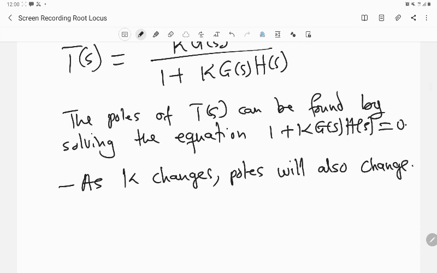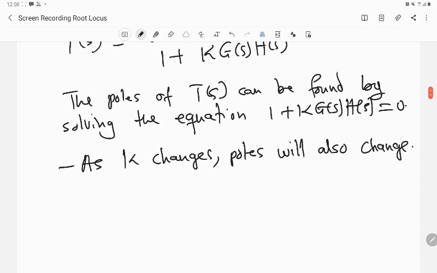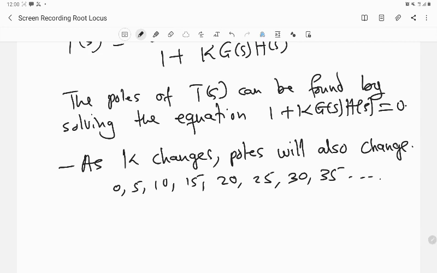So let's say I select values of K, for example K equals 0, 5, 10, 15, 20, 25, 30, 35, and so on. When I plug in any value of K, I find the corresponding poles for the system.